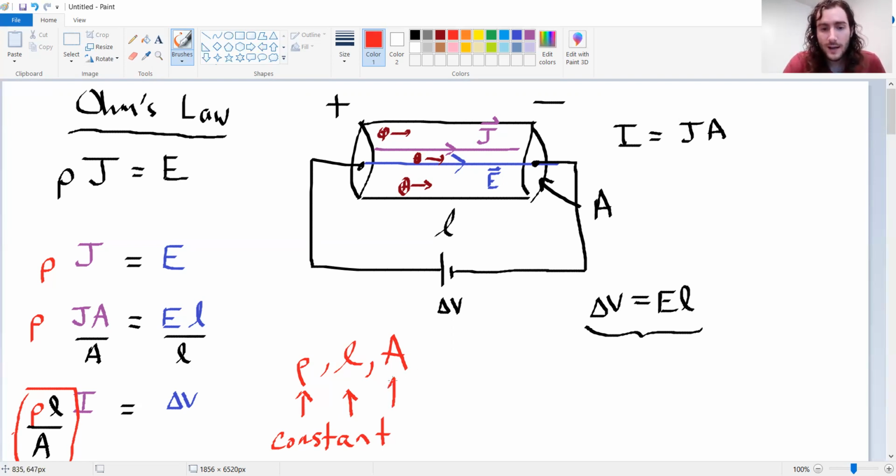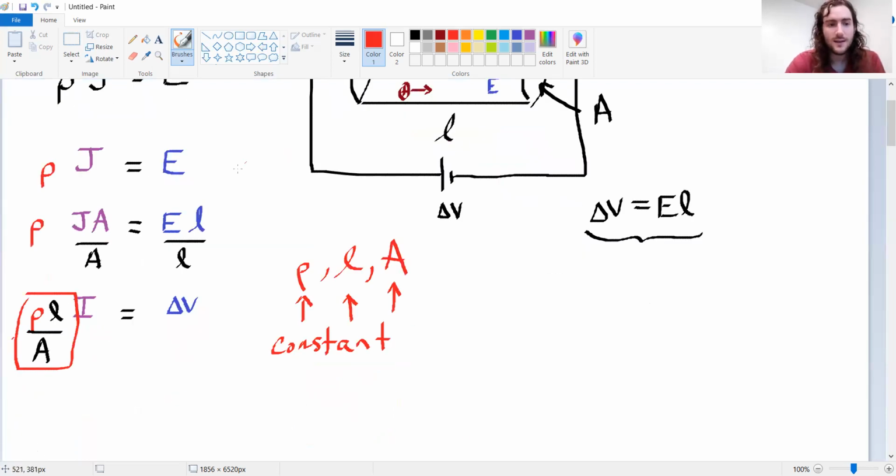So rho, L, and A are all constant in this particular problem. We could change rho by changing from copper to gold. We could change L by going from a short wire to a long wire. We could change A by going from a thin wire to a thick wire. But for a given wire, all three of these are constant.